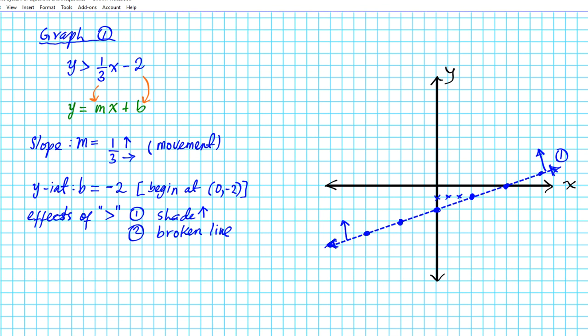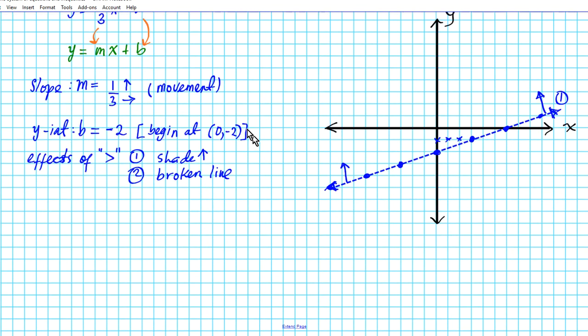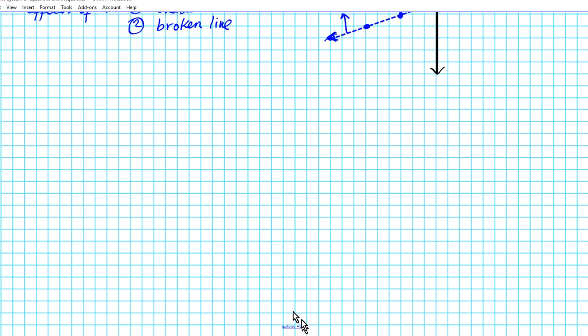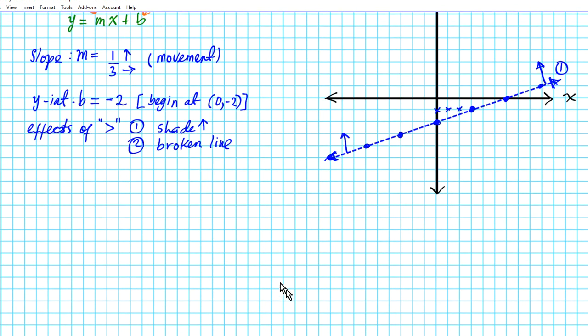We're going to go ahead and graph the second one, and then we'll look at where the resultant intersection region is. Alright, so let's graph number 2. We're going to put that one in red.